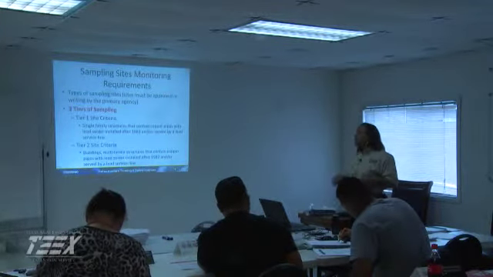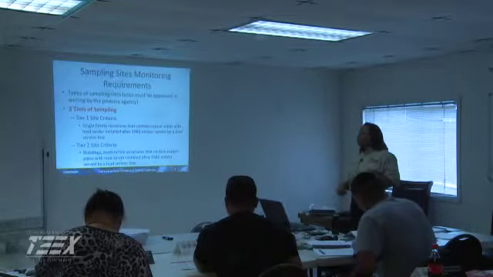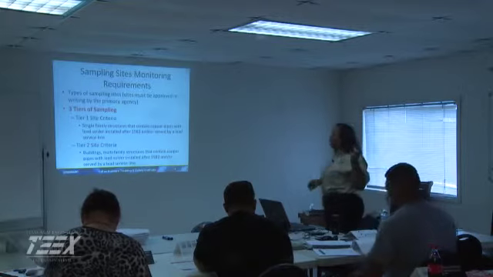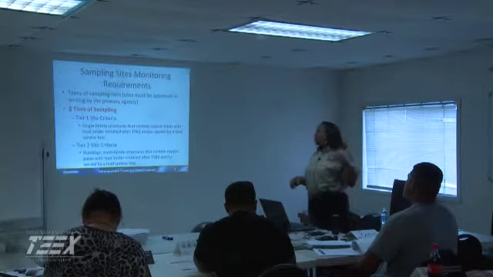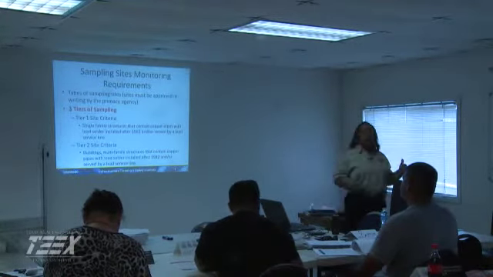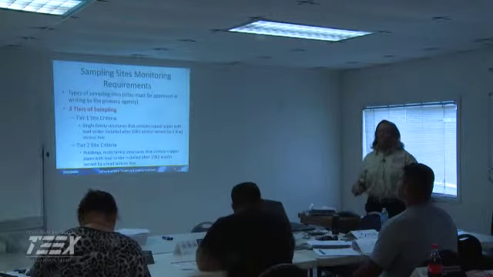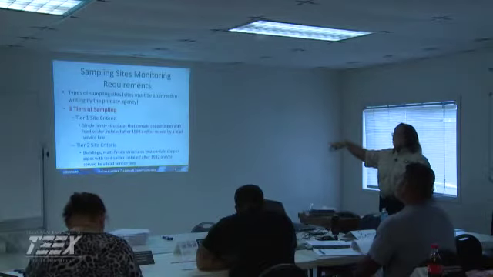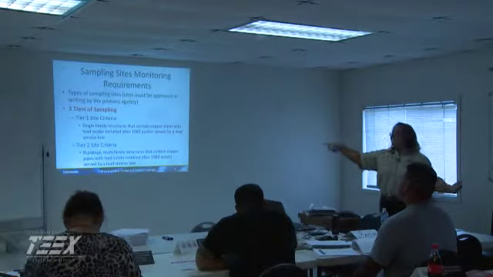What does EPA say? One would be Tier 1 site. These are single family structures that contain copper pipes, lead solder installed after 1982 and served by a lead service line. That's Tier 1. Tier 2 would be your multifamily or your buildings.